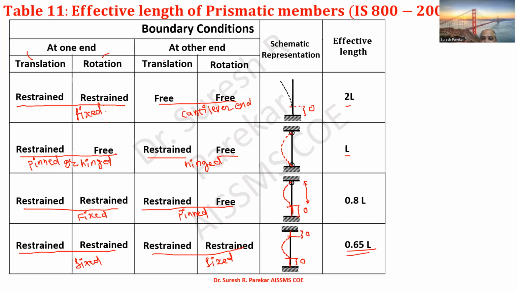So as your fixed end comes, your effective length reduces. So if he asks, only when it is a free end, it is 2L. Otherwise, for both ends pinned, L; one end pinned, other end fixed, 0.8L; when both ends fixed, then it will be 0.65L.